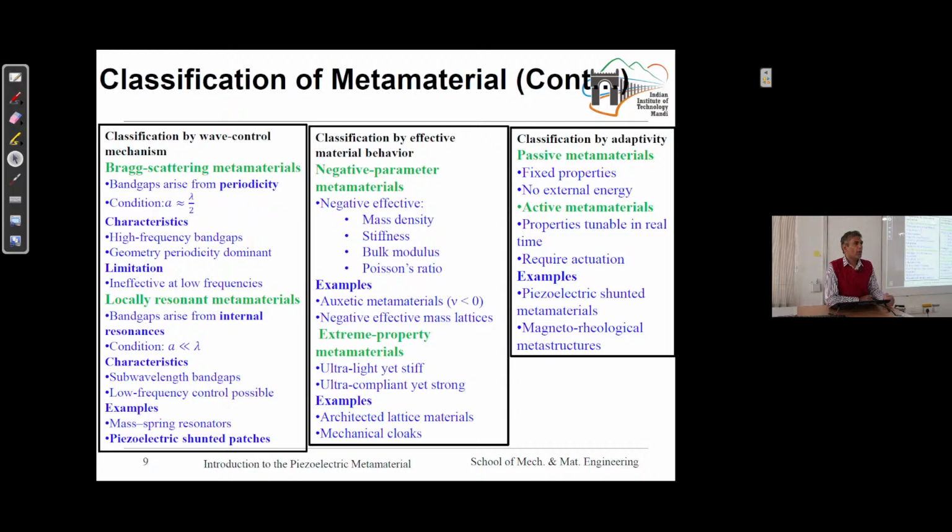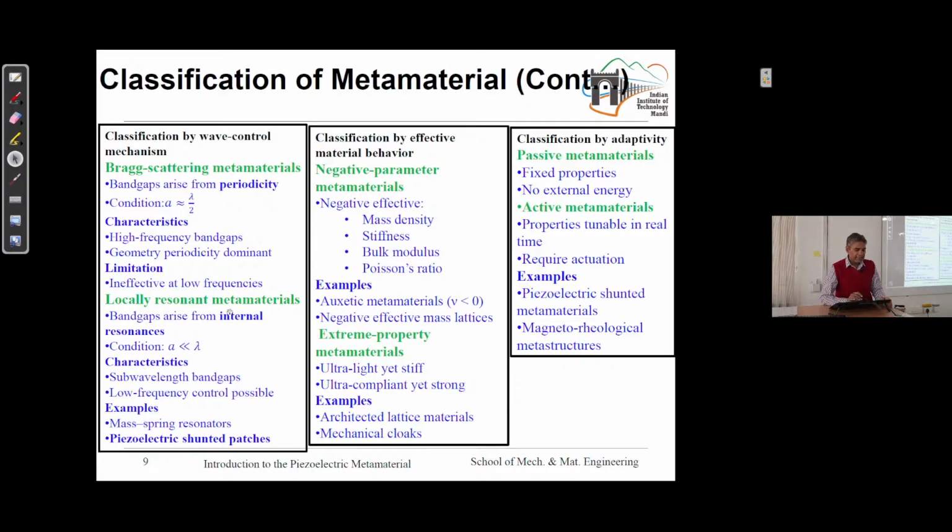We don't want any vibrations, we don't want any waves. In that case, we can classify the metamaterials into Bragg scattering metamaterials, and second, locally resonant metamaterials.